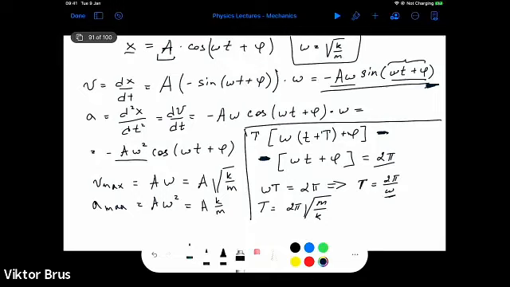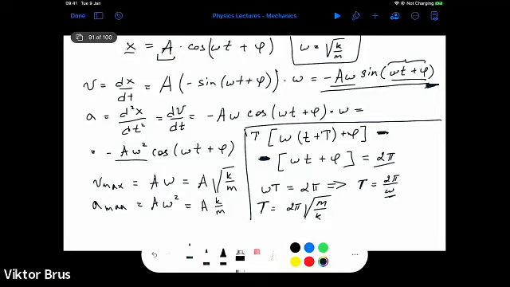So that's another important formula which gives you the period of harmonic motion of this block attached to a spring based on the parameters of the block, like the mass of the block and the strength of the spring.